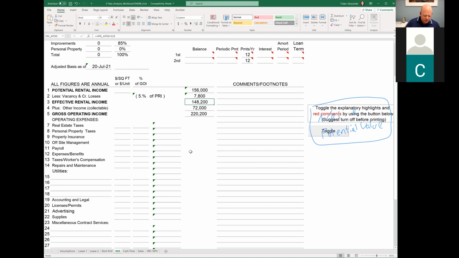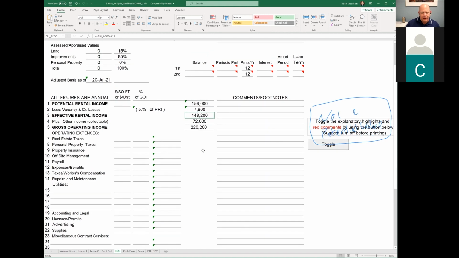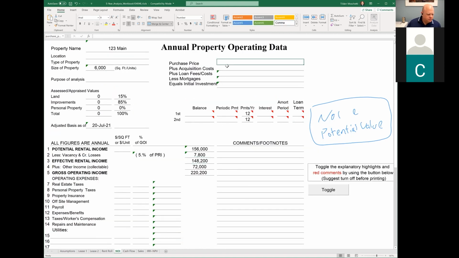So let's say we find this property at a 6 cap. This is a property that we actually already know. We think that the purchase price is going to be that 2280. So this is a 6.5 cap.